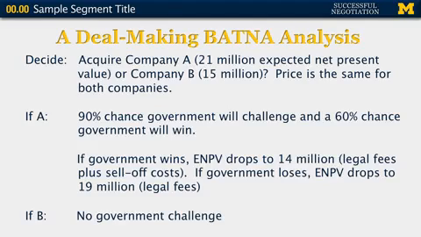What does your intuition tell you about this decision? Would you negotiate to acquire company A or negotiate to acquire company B? Please write down A or B. When I ask this question in class, a large majority of the class usually picks company B.